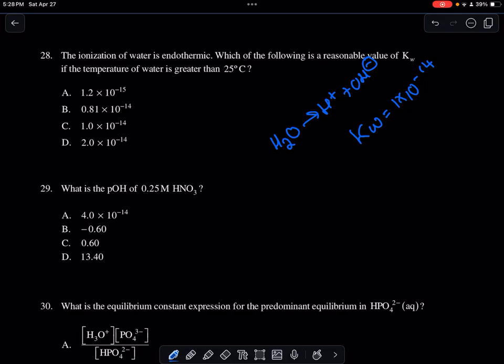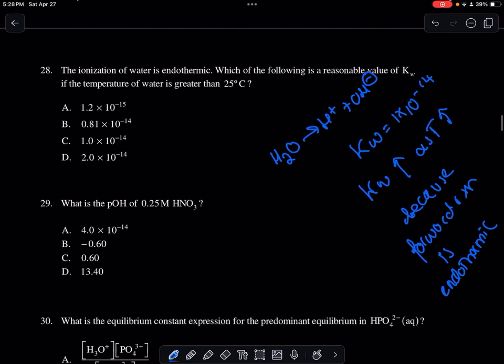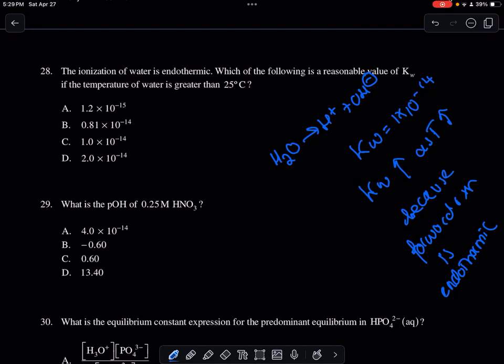If it's endothermic, then what will happen to the value of Kw when the temperature increases? Well, Kw should increase as temperature increases because the forward reaction is endothermic. And so, in this case, we should see an increase in the Kw. So this is the original value, that's at 25 degrees, not this one, because these are both less, so it should be D.